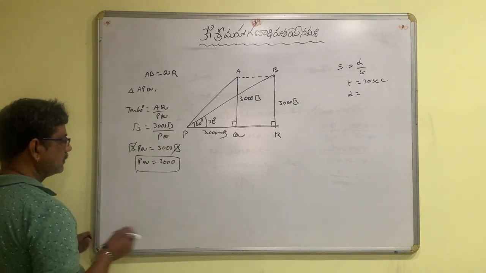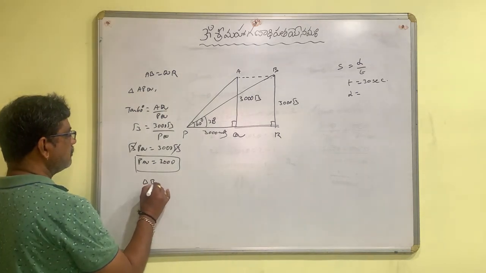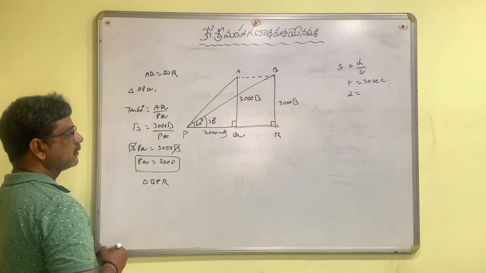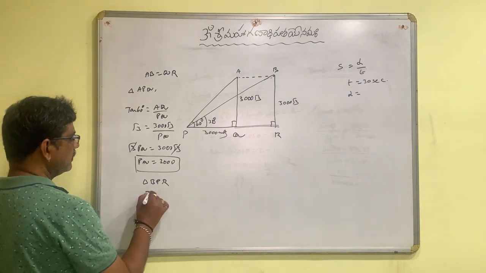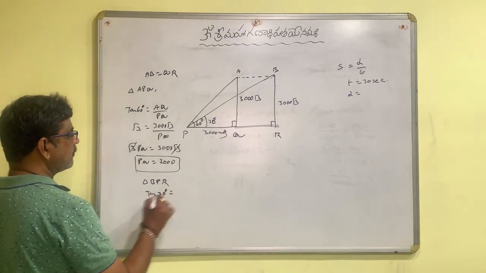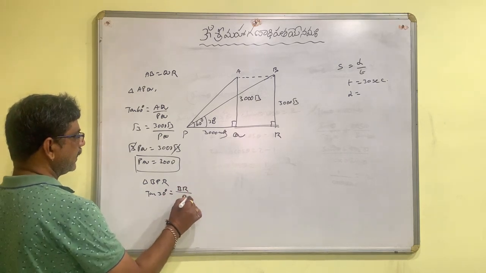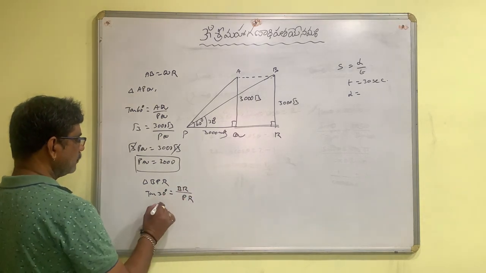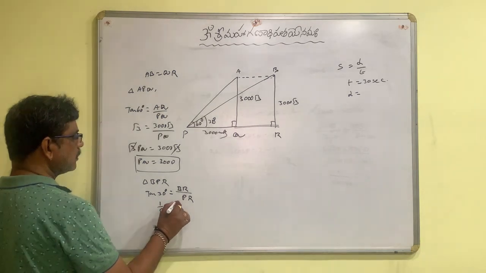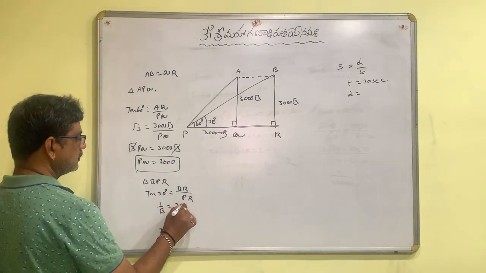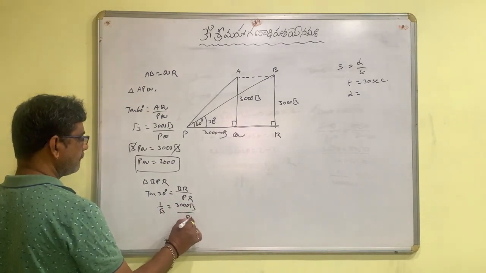Now, I am considering triangle BPR. In triangle BPR, tan 30 degrees is equal to BR by PR. 1 by root 3 is equal to BR, 3000 root 3, by PR.